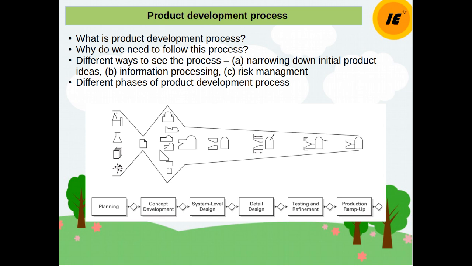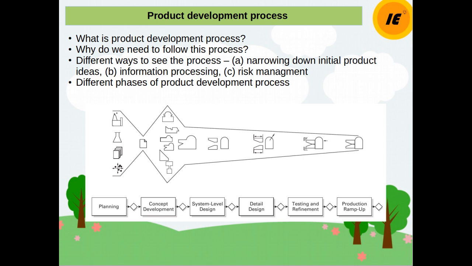Another way to think about the product development process is as an information processing system. The process begins with inputs such as corporate objectives, strategic opportunities, available technologies, product platforms, and production systems. Various activities process the development information, formulating specifications, concepts, and design details.